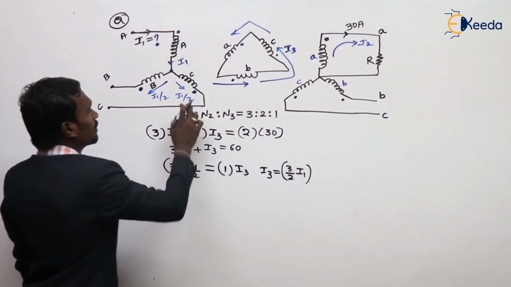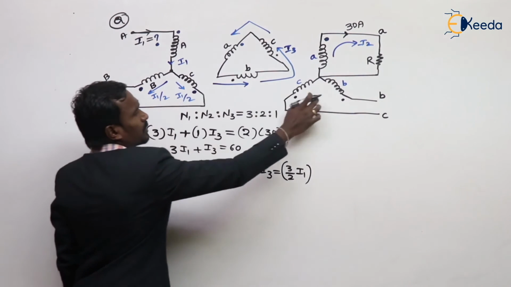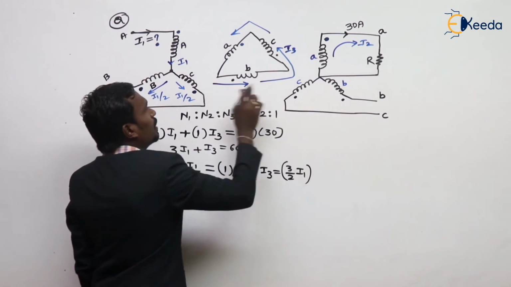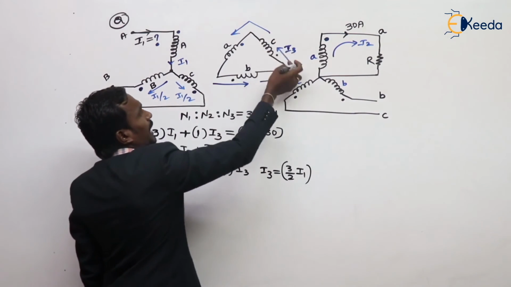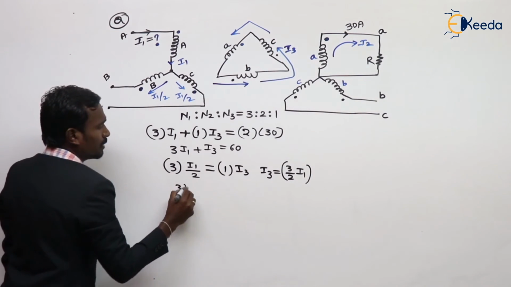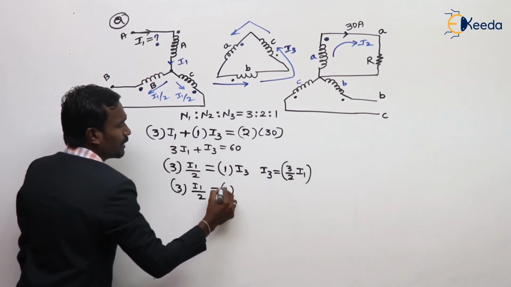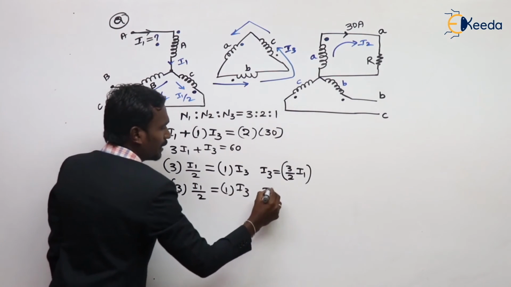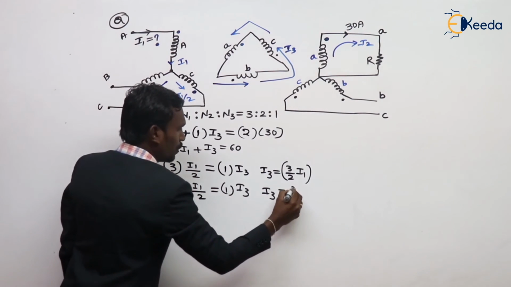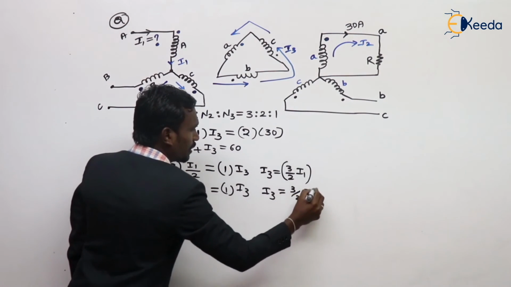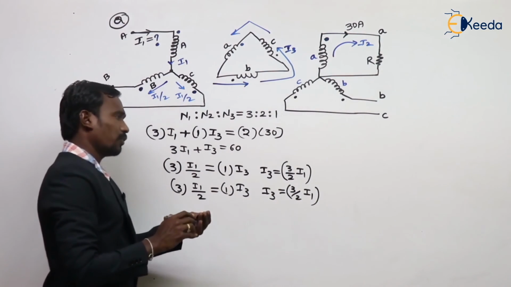Next for the third phase also, there is no MMF in the secondary. Here leaving and here entering, so N1 I1 is equal to N3 I3. Again, I3 is equal to 3 by 2 times I1. These are the MMF balancing equations.